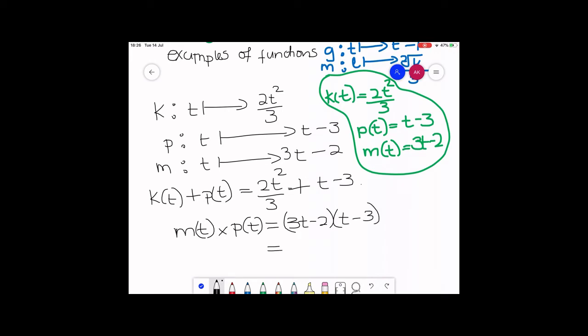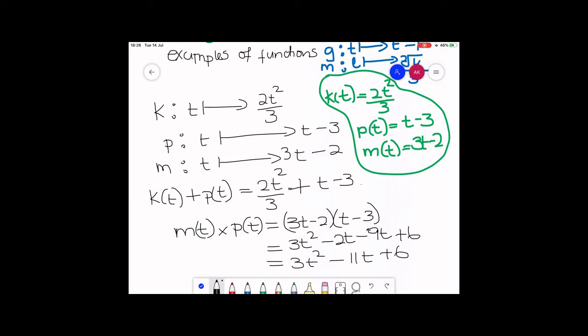And this gives us 3t squared minus 2t minus 9t plus 6. And that finally gives us 3t squared minus 11t plus 6. So you can actually add your functions, you can multiply them.